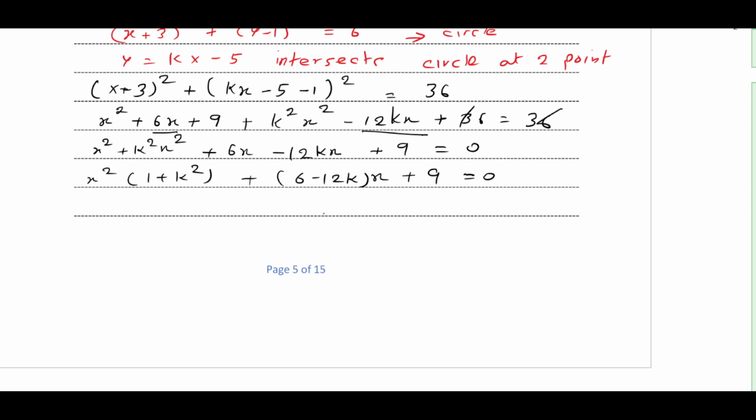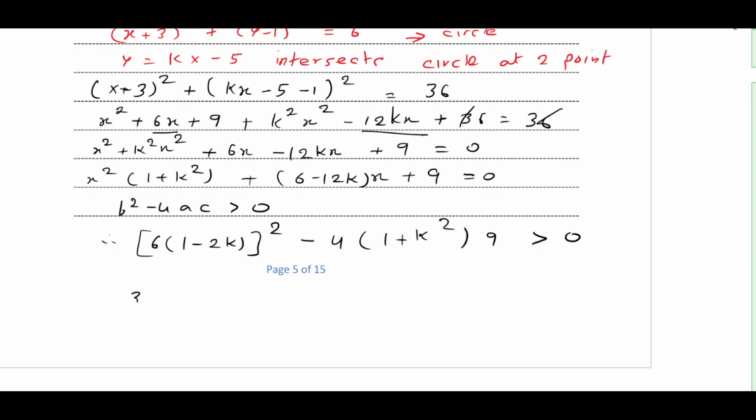Now, as the line is intersecting at 2 points, b square minus 4ac will be greater than 0. So b square means here 6 we can take common, 6 times 1 minus 2k this whole square, minus 4 times a, which is 1 plus k square, and c is 9.